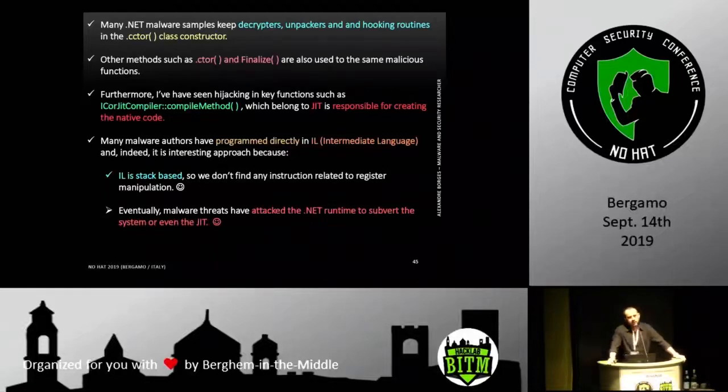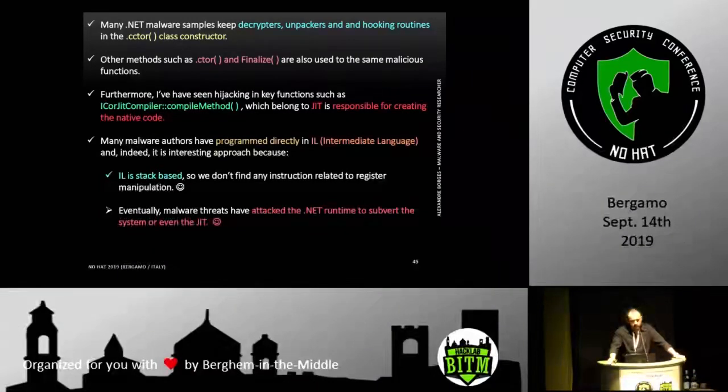I believe that two months ago, I saw a very different malware trying to compromise the JIT, the just-in-time runtime. The JIT is responsible for creating the native code from managed code.